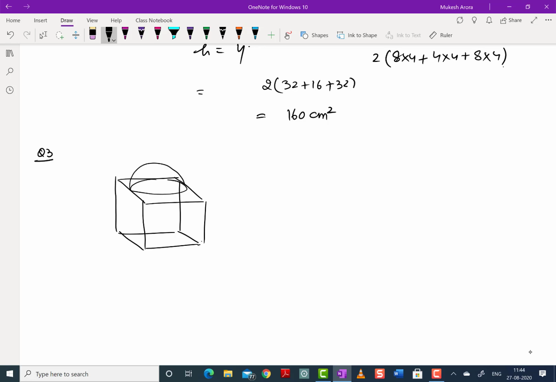The question is, the base of the block is a cube, edge of cube is 5 centimeter, and the diameter of the hemisphere is 4.2 centimeter. Question is, find the total surface area.